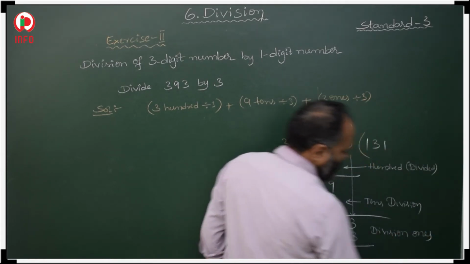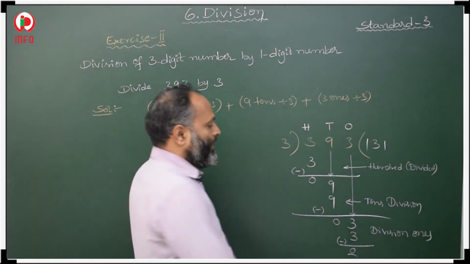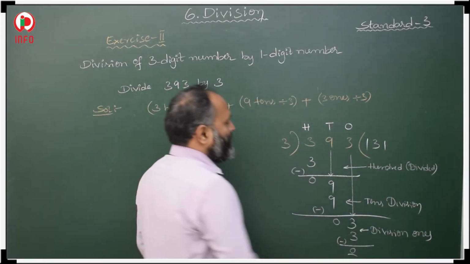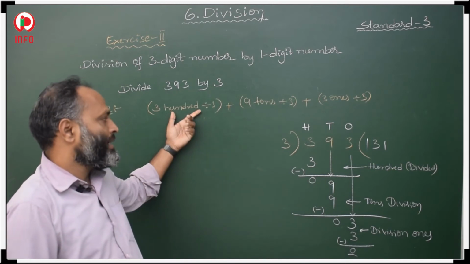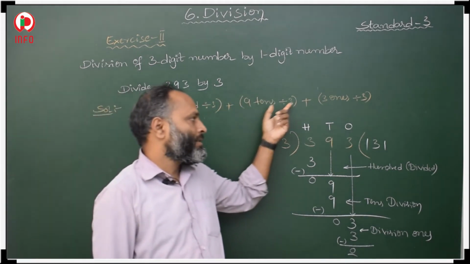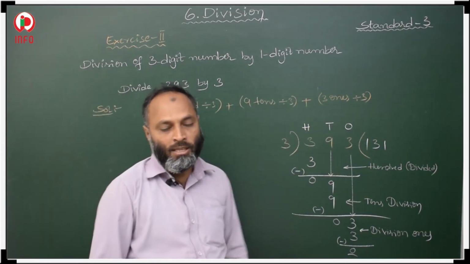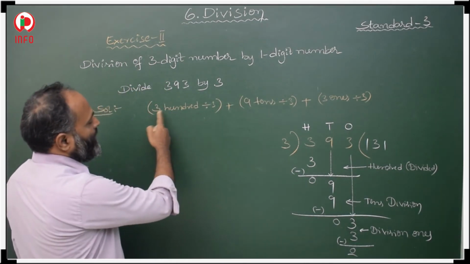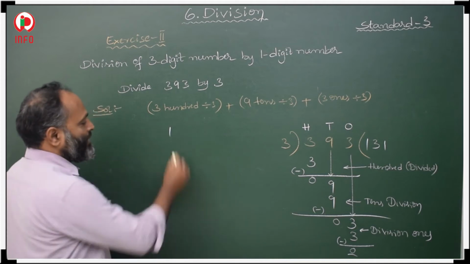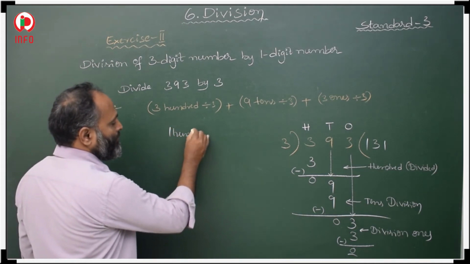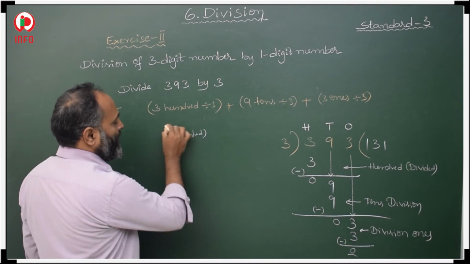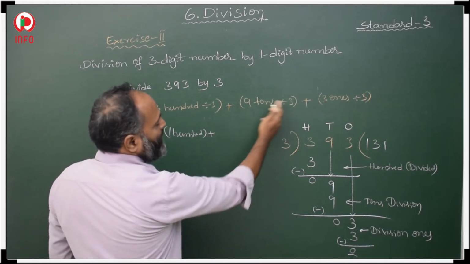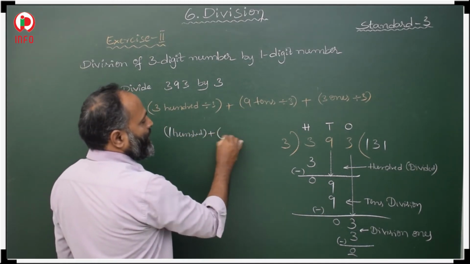This is the ones place division. So in this way we have to divide one by one. First we have to divide the hundreds place, then the tens place and the ones place. So 3 divided by 3, 3 ones are 3, that is 1 hundred, 100. Then after that, in the 3 table when will you get tens, 2 tens.